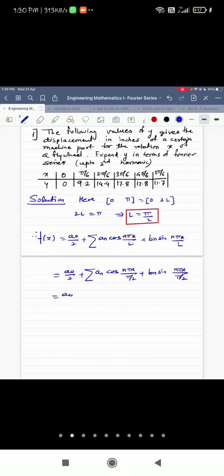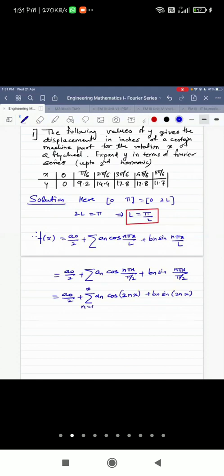So this will become a naught by 2 plus summation an cos 2nx, right, plus bn sine 2nx. Is it clear to all? And n goes from 1 to infinity.